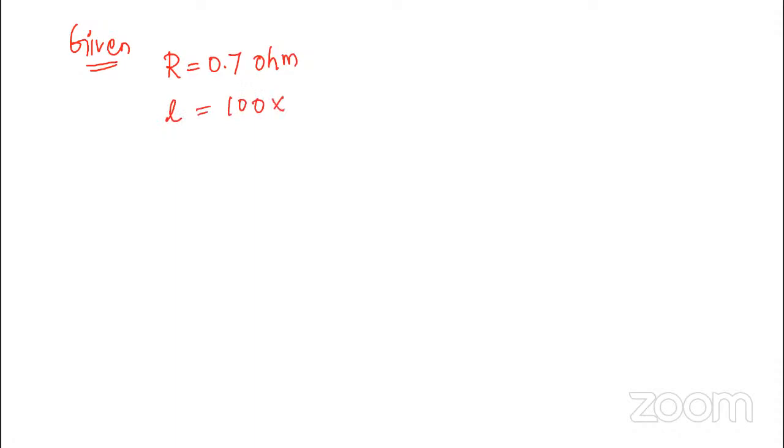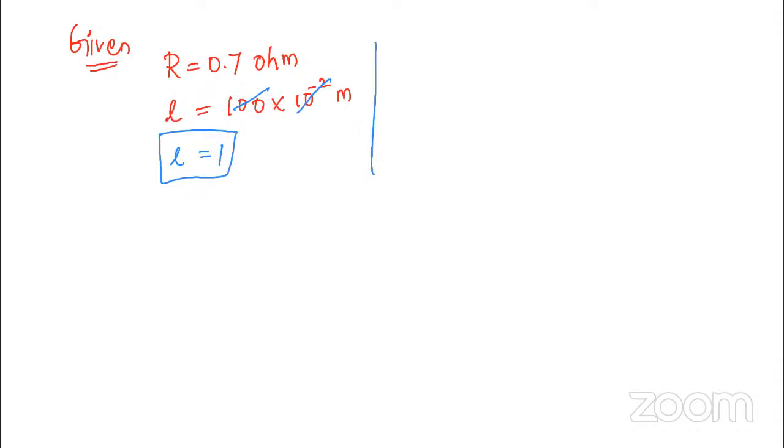I can convert centimeter into meter, so 10 power of minus 2 meter. So the plus 2 and minus 2 should cancel. So for L we can write just 1. Right?